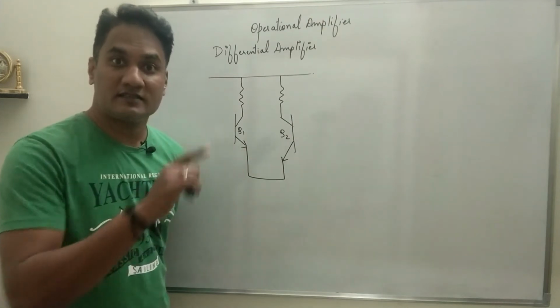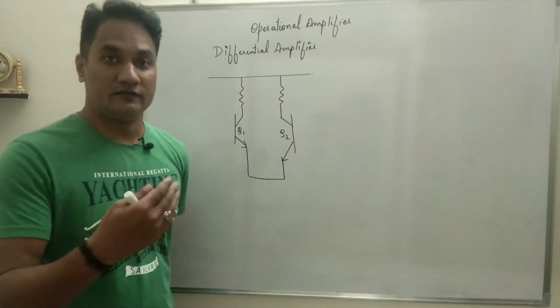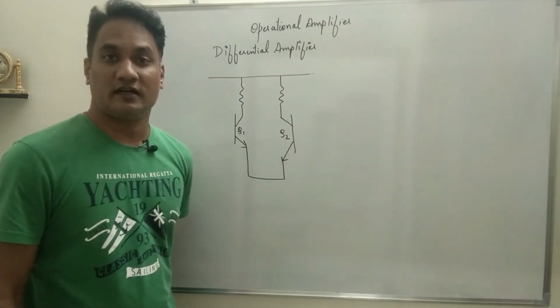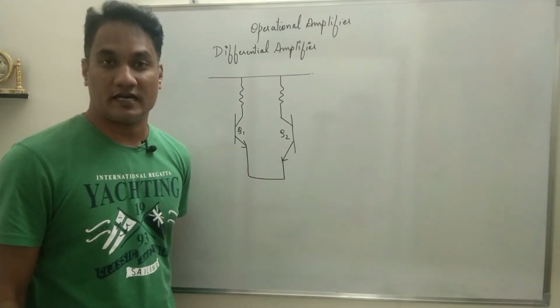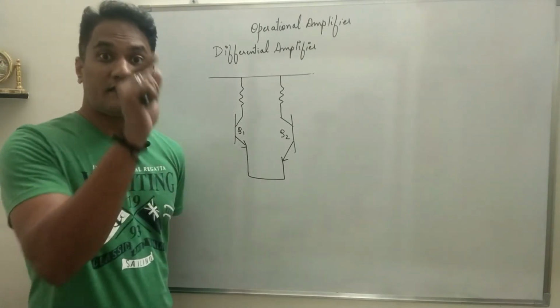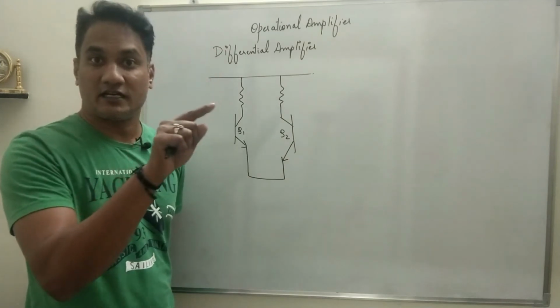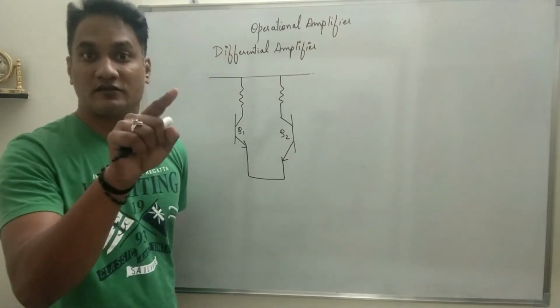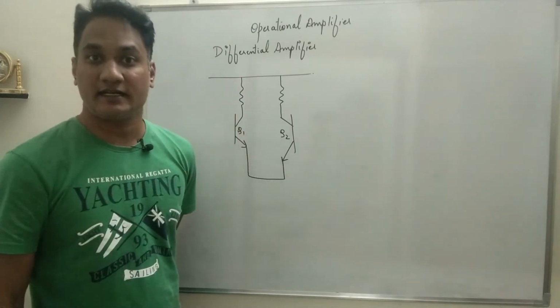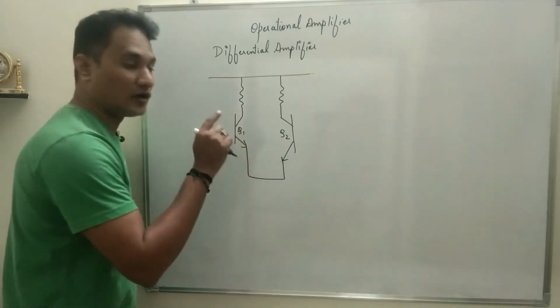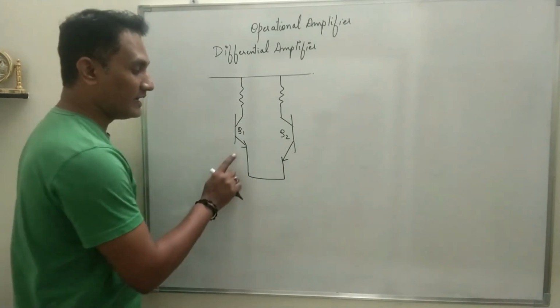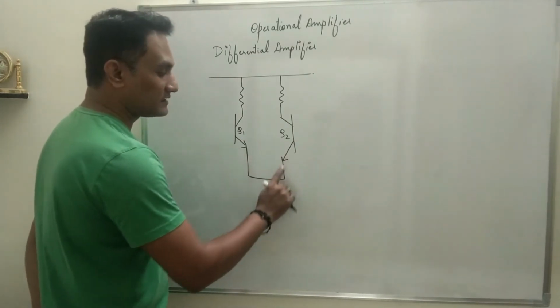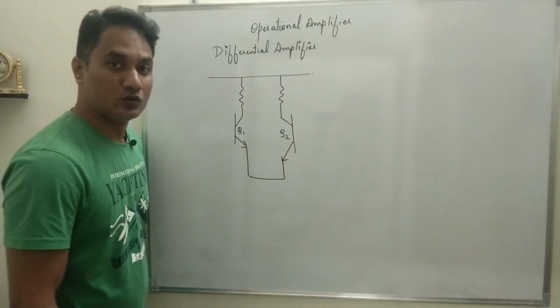In the previous video, when we tried to understand the disadvantages of RC and direct coupled amplifier, we saw that the collector of the first was connected to the base of the second, collector of the second connected to the base of the third, and that is how it was connected. In this case this is also a direct coupled amplifier, but the emitters of the two transistors are connected together.